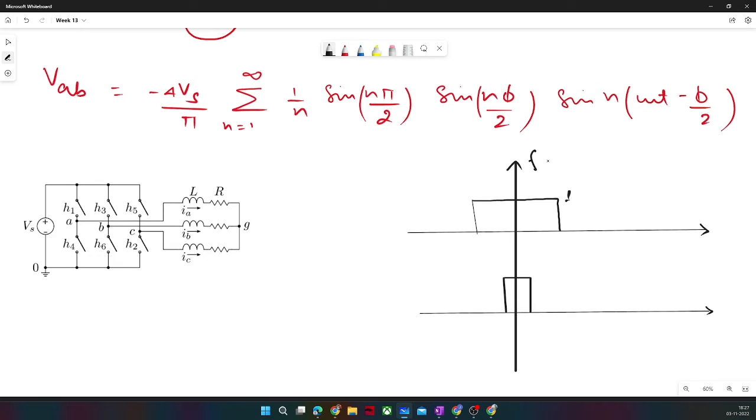So let us name it F1 and let us name it F2. And we are treating these two waveforms so that we get this kind of notch signals. So this will be removed from this waveform, and whatever will be removed, that will get added after pi. So 0 and this is pi.